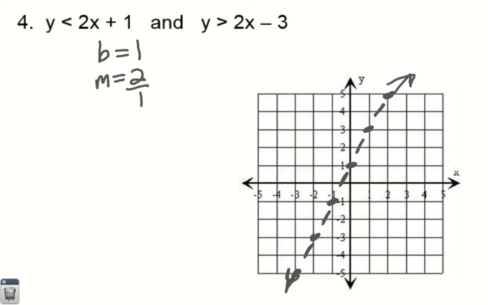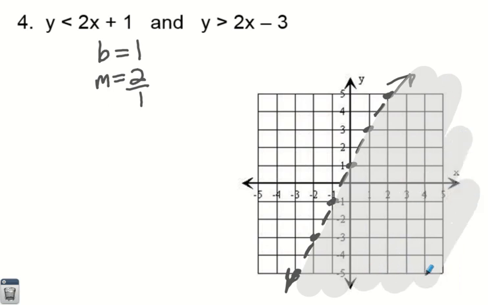And we're going to shade above or below? It's a less than, so we shade below. And this one has a b value of -3 and an m value of 2.